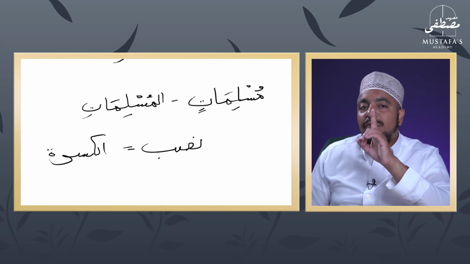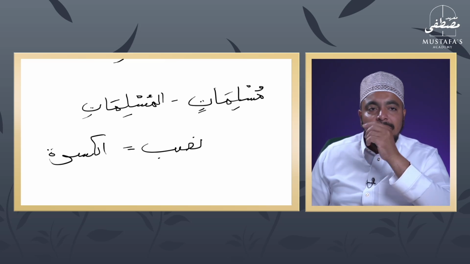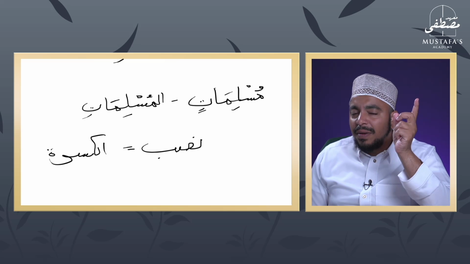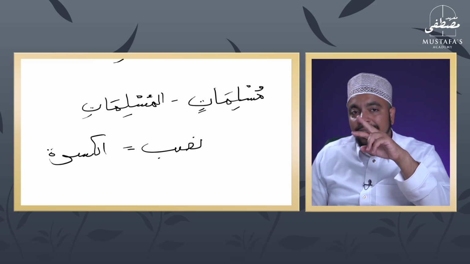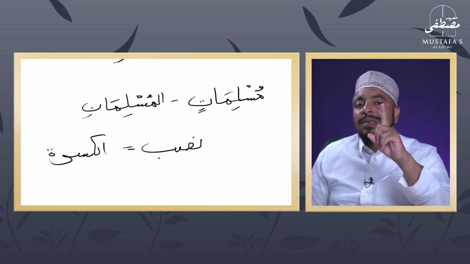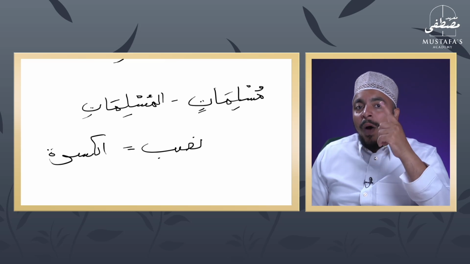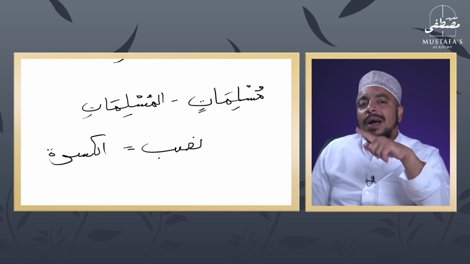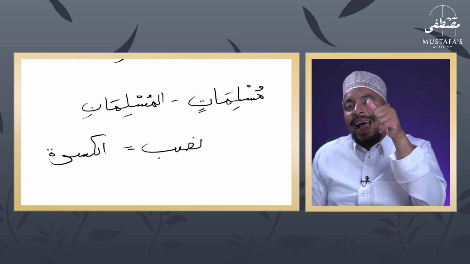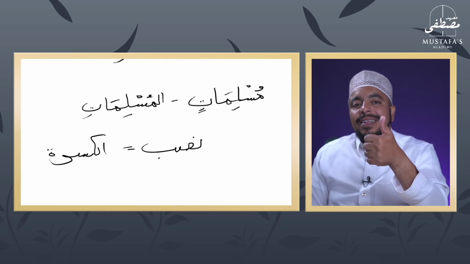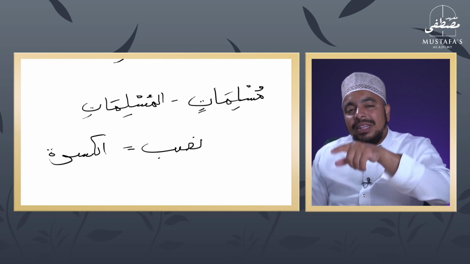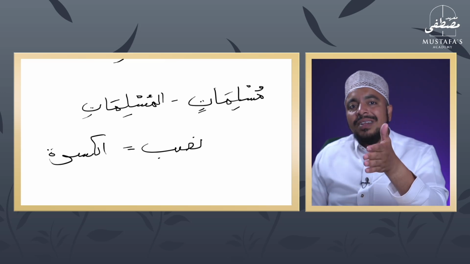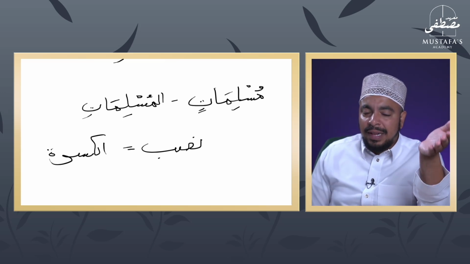Now you have to be very clear and understand whether it is in a state of jar or in a state of nasb, because in both states it contains a kasra at the end. One kasra can be an original kasra because it's a jar state, but the other one can be a kasra which has to be that way because it's in a state of nasb and it does not accept a fatḥah as the main sign of the nasb. Does that make sense? Because you can only understand that if you've already studied the previous lesson.